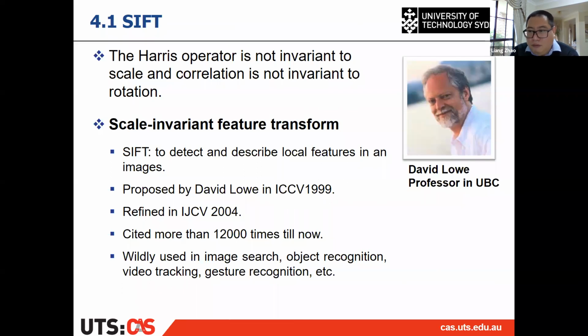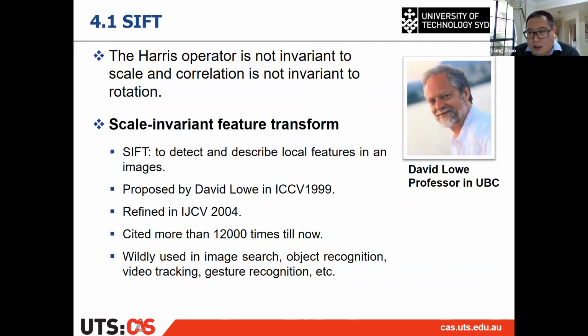Then the refined version was published in IJCV, the International Journal of Computer Vision, in 2004. IJCV is one of the best journals in computer vision, and also one of the best in engineering as well. If you remember, I mentioned the paper for camera calibration, which was published in PAMI, Transactions on Pattern Analysis and Machine Intelligence.